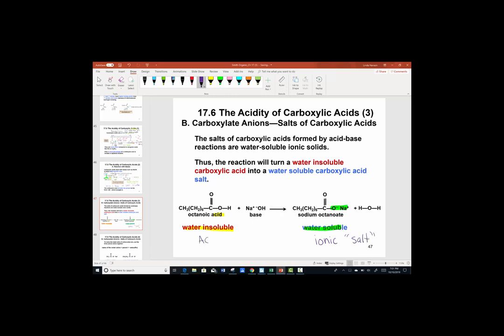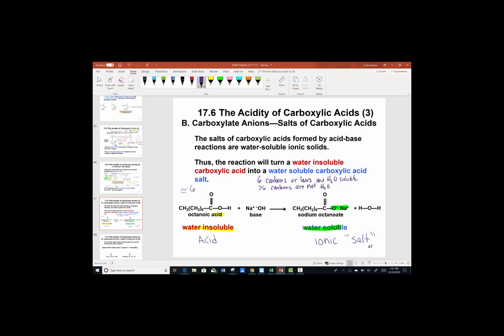We turned an insoluble acid, and remember that that general rule is about 6 carbons or less. Let me write that because we wrote it early in our notes. 6 carbons or less are water soluble, but greater than 6 carbons are not.